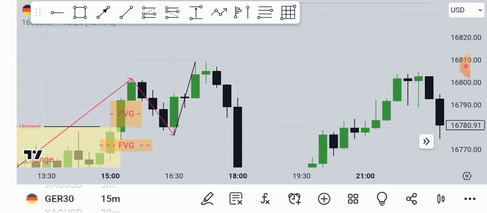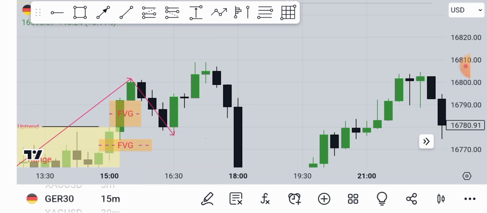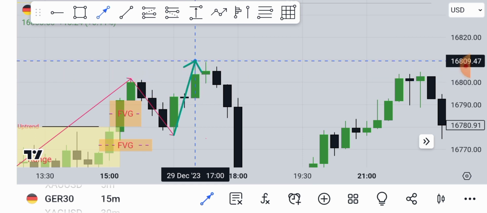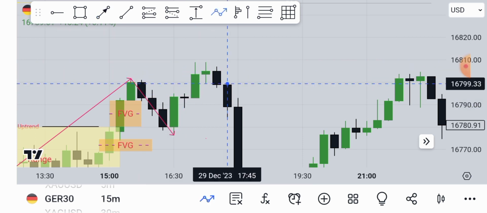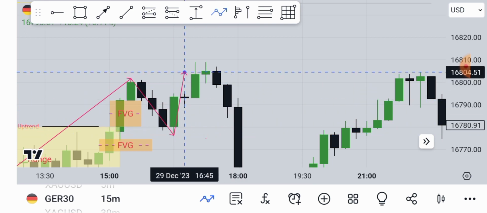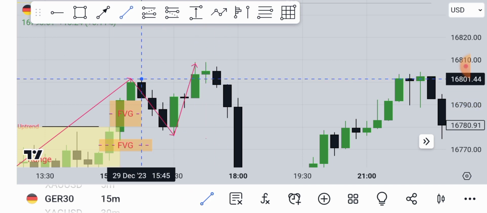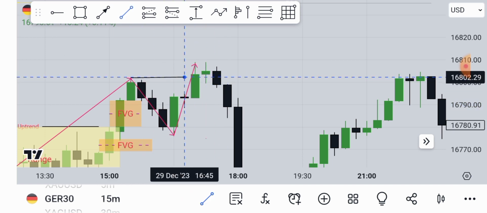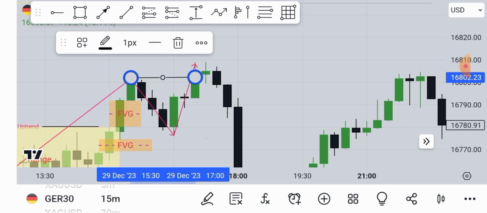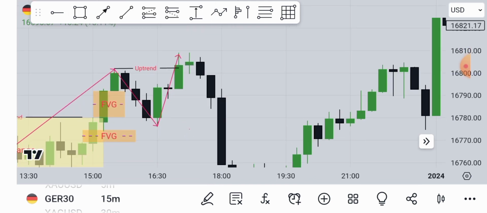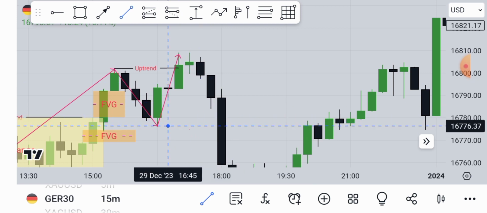Then, okay, it went back straight to close there, and took out our high, that was impulsive movement, which means you are still in an uptrend. See, then this low is a correction move.